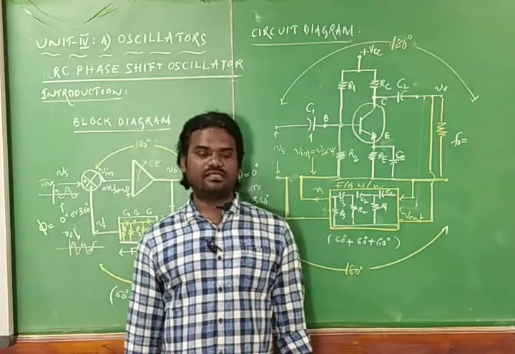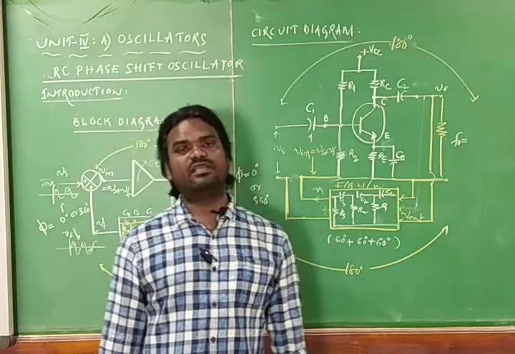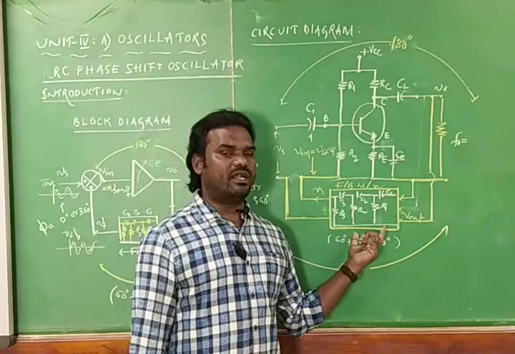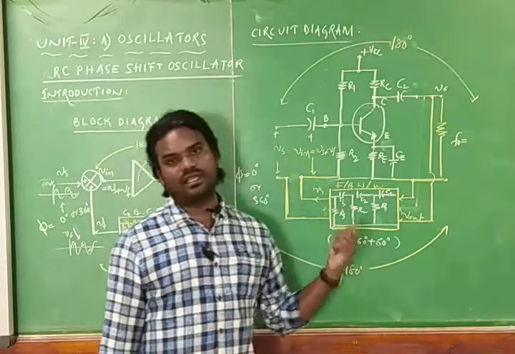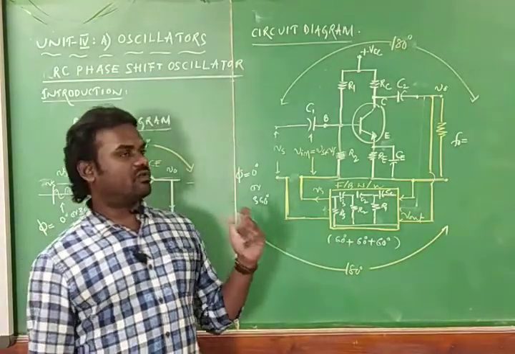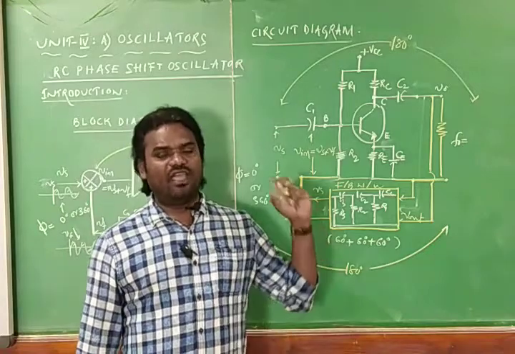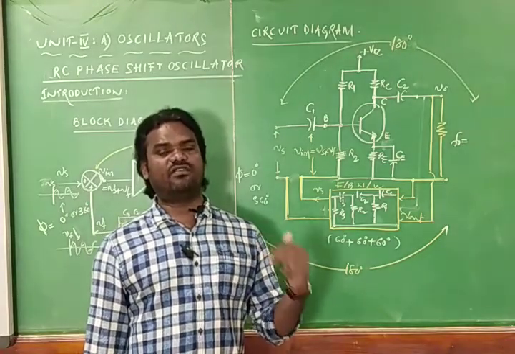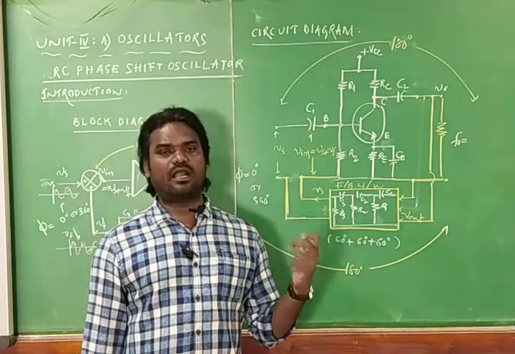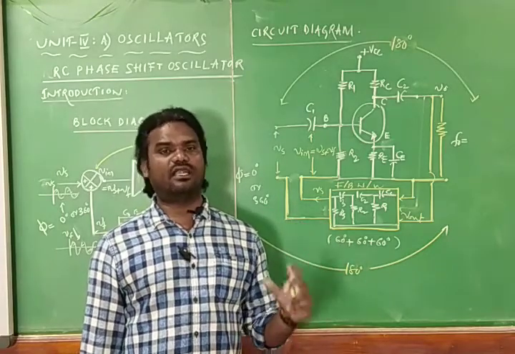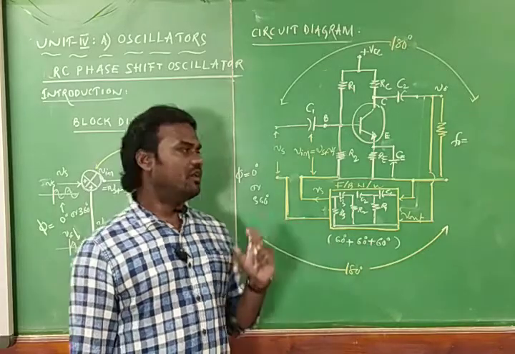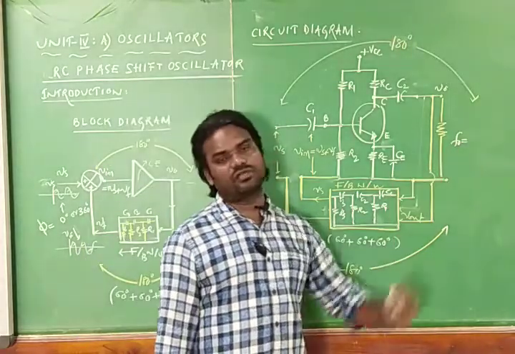It is purely dependent on the components used in the feedback network only. So remember, for every oscillator circuit, whether it is RC phase shift, Wien bridge, Hartley oscillator, Colpitts oscillator or the crystal oscillator, we must conclude the complete oscillator circuit with its frequency of oscillation only.